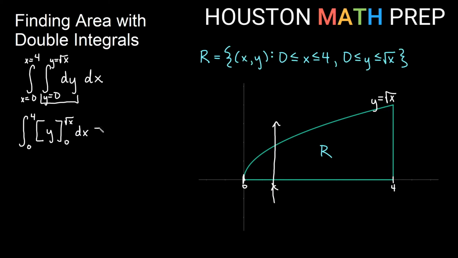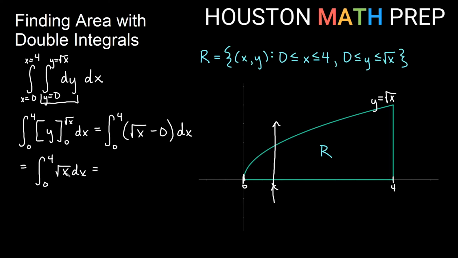So if we plug this in, then we'll have the integral from 0 to 4 of square root x minus 0 dx. And obviously that's just going to give us square root x, right? So we'll have the integral from 0 to 4 of square root x dx.